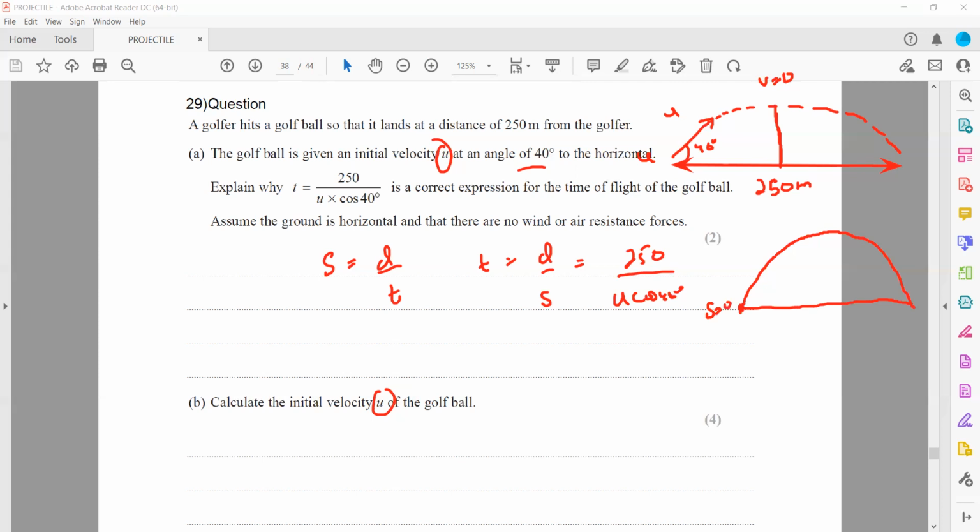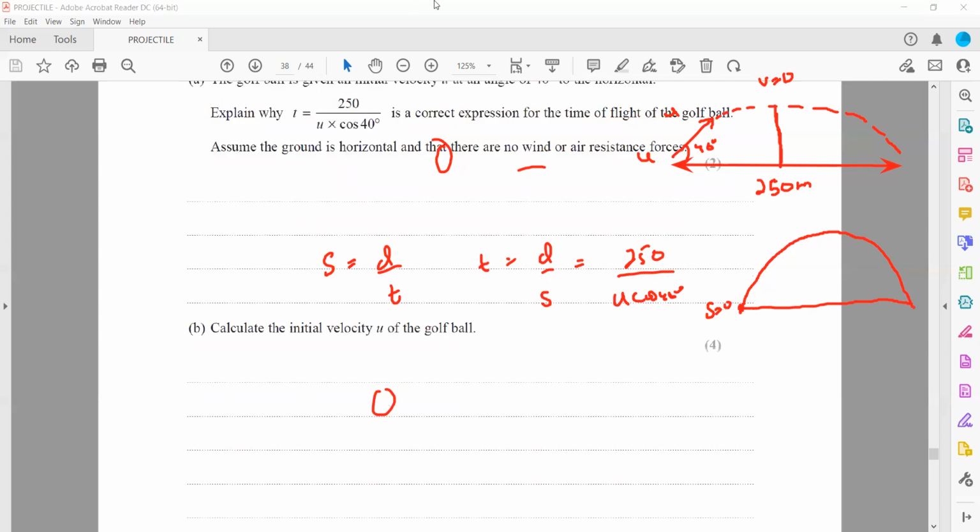So if I use s equals ut plus half at squared to solve this part: whenever a complete projectile motion takes place, where the object is launched, reaches a certain height, and then comes back to the same position, the vertical displacement is 0.